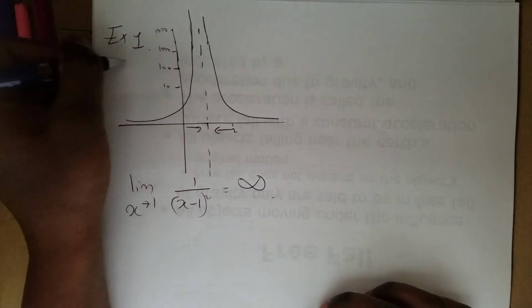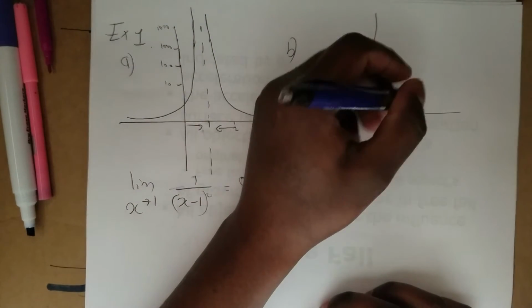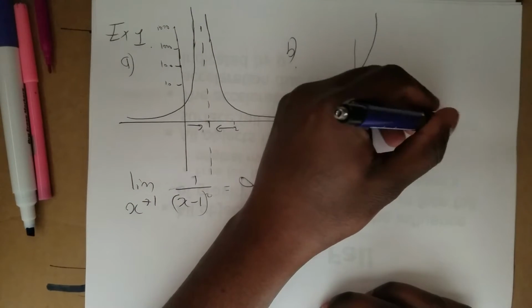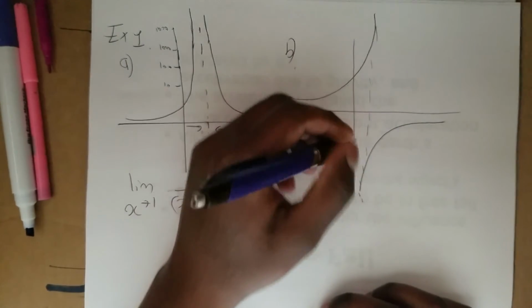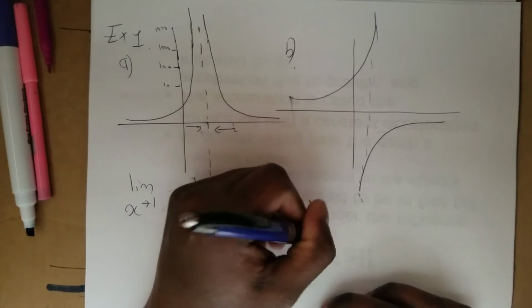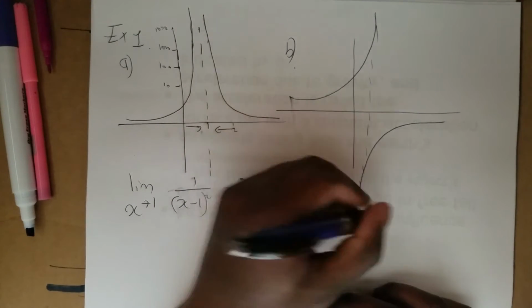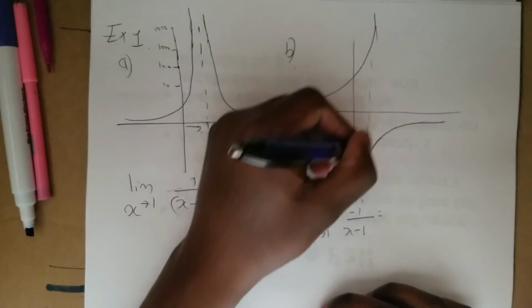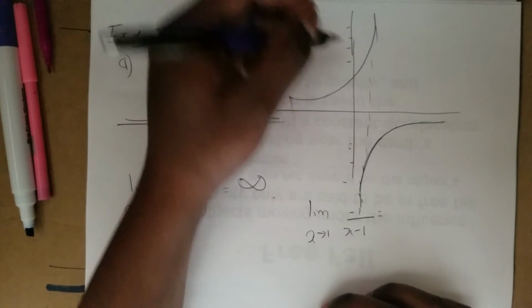And that's number A. Number B, we have something like this, where the graph is going this way and this way, and you have an asymptote here. See, the limit as x approaches 1 of -1 over x minus 1. The graph is going down this way, increasing by a certain amount, and increasing by a certain amount this way.